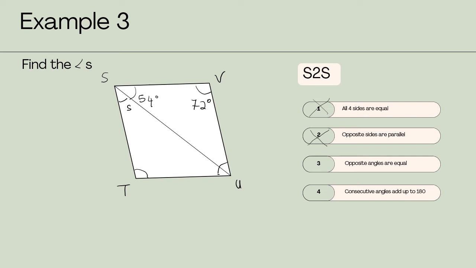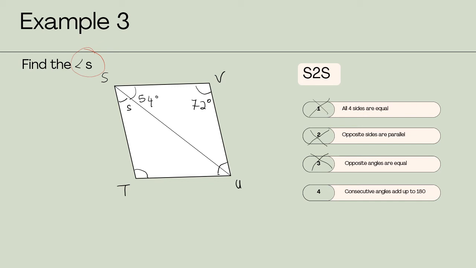The opposite angle of 72 is T, but we're not looking for T, so let's erase that. The opposite angle of angle S and 54 is angle U, but we're not looking for U, we are looking for the angle S. So let's just erase that.